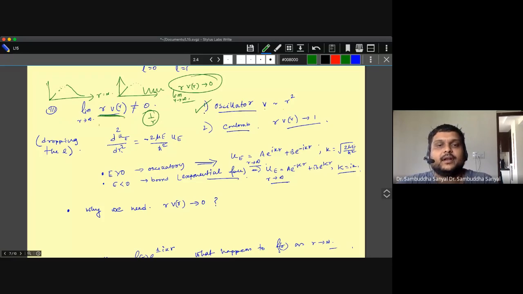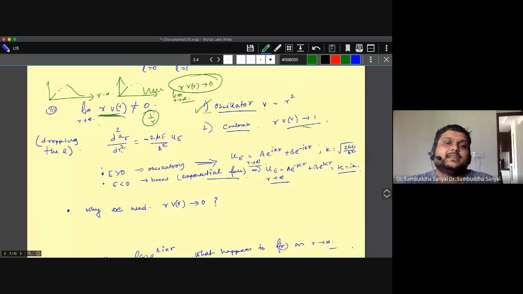We already saw the oscillator problem in great detail. So here we will talk about what happens in the class when rV(r) tends to 1 in the r going to infinity limit. Let's first discuss the solution intuitively, like the way we did before: take the limiting condition, put in some physical argument and try to visualize the solution, and then of course finally we'll do the full formal mathematical solution.